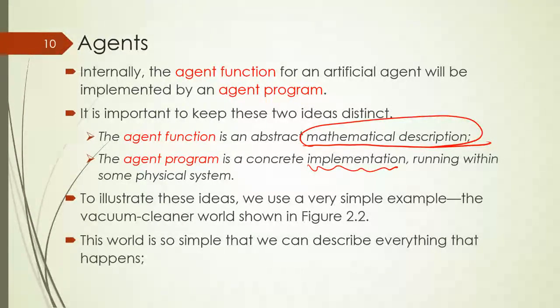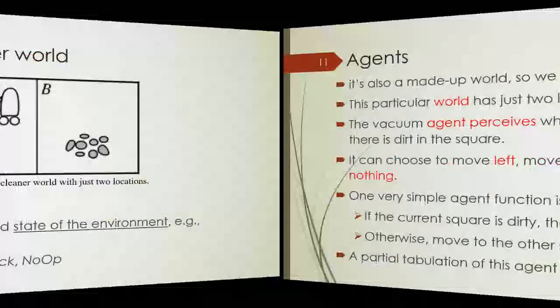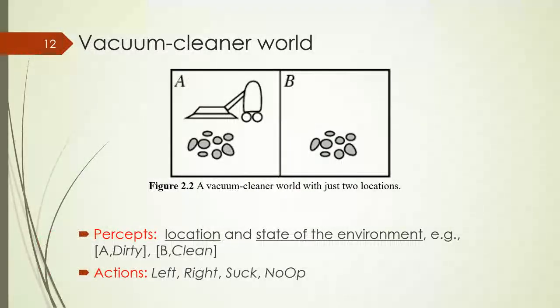Okay, to illustrate this idea, we use a very simple example: the vacuum cleaner world shown in figure 2.2. Okay, so I'm getting into it, right? I'm starting learning more about agents. Now let's define our first simple agent.